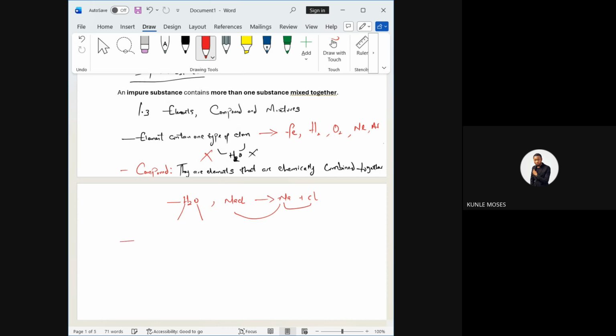All right. So the last one is the mixture. Mixtures are substances that are physically combined.